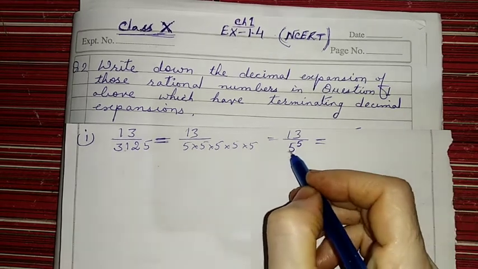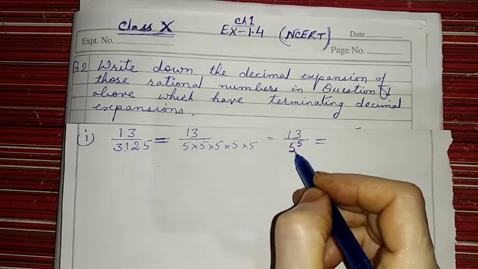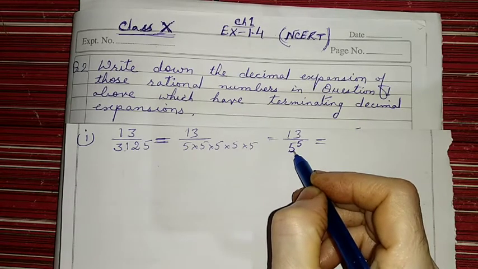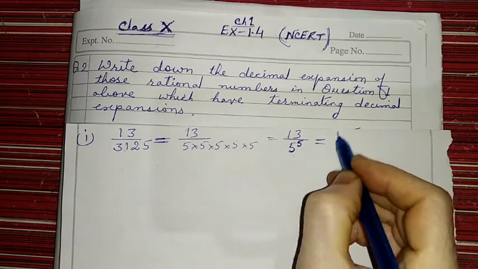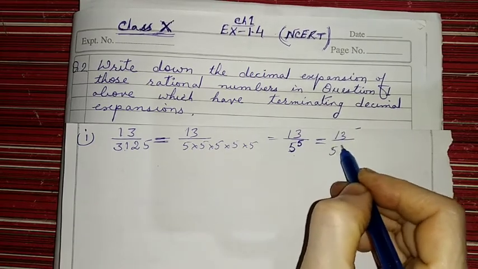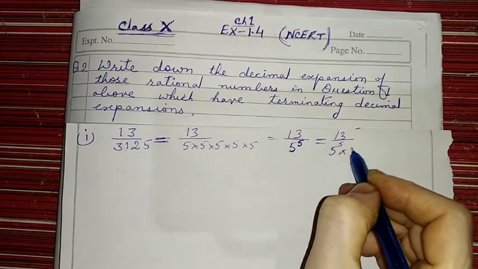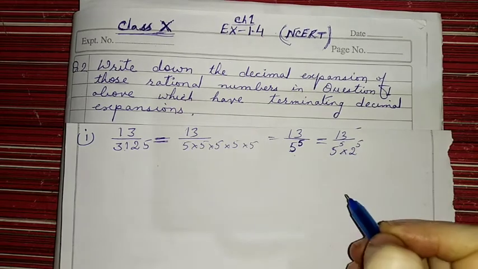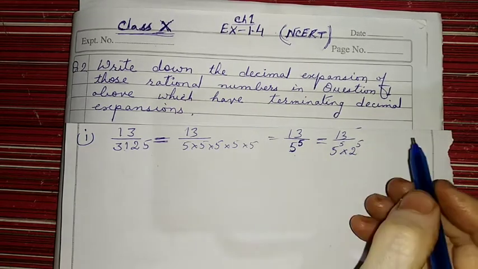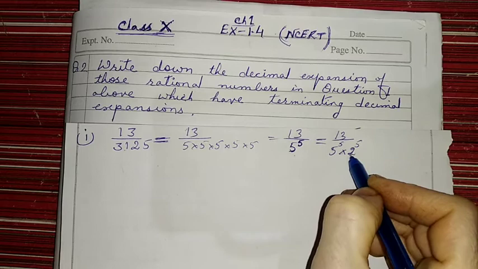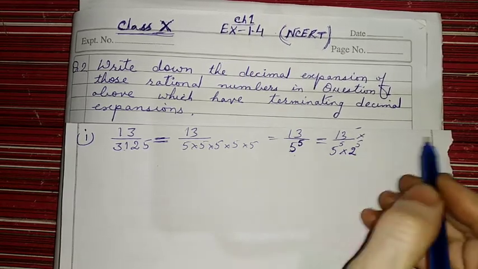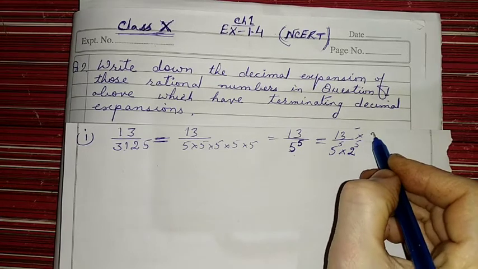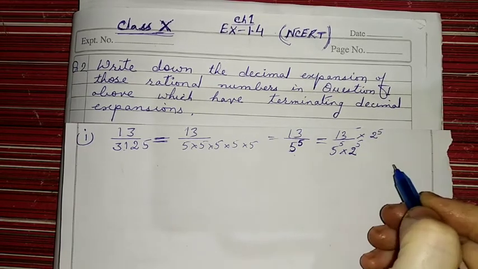If we multiply 5 into 2, we will get 10. Here we have 5 to the power 5, so we have to multiply by 2 to the power 5 to get a multiple of 10. And if we are multiplying the denominator by 2 to the power 5, we should multiply the numerator by the same number also, that is 2 to the power 5.